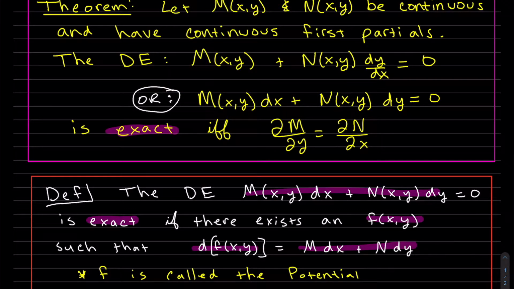If the derivative of that function is equal to this, which is equal to 0, then if the derivative of a function is equal to 0, that function has to be what? A constant. Okay, so we'll come back to that.